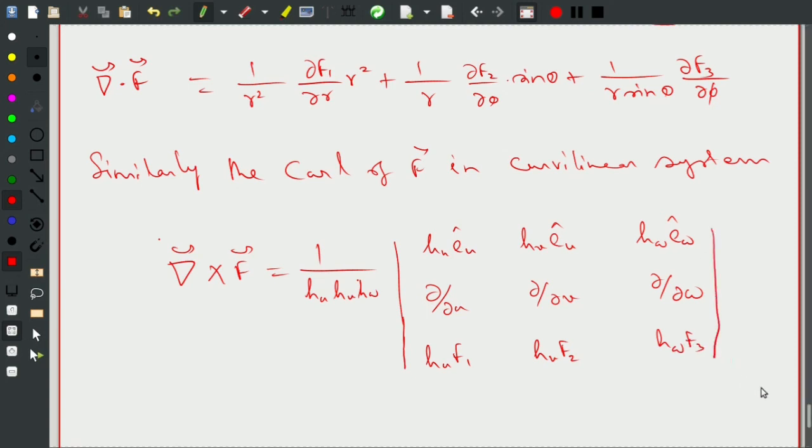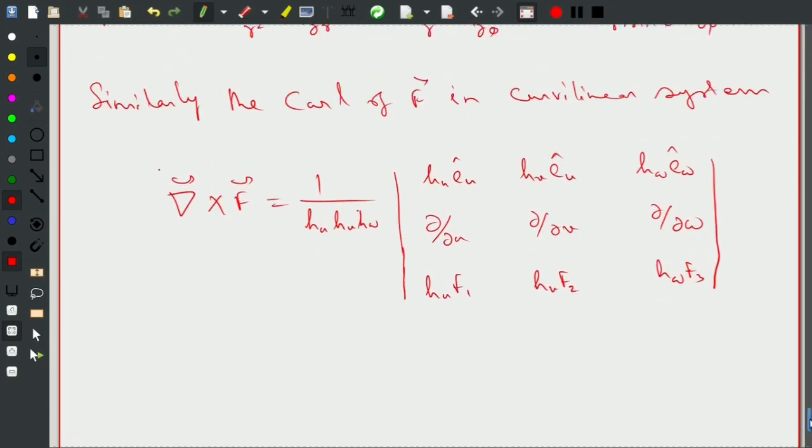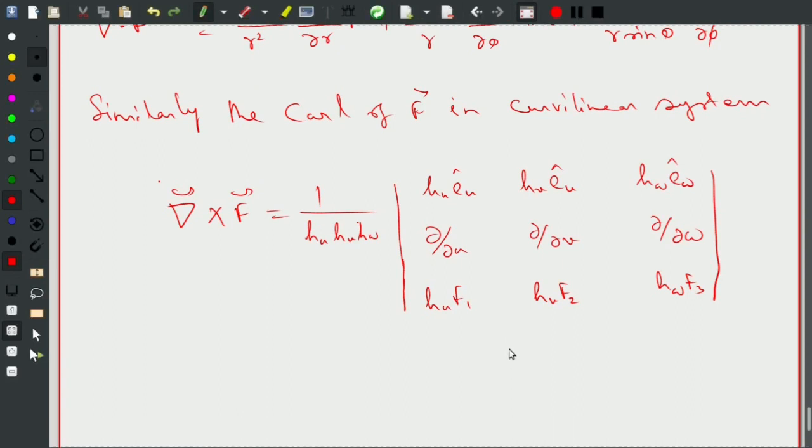So this is the expression for the curl of f vector in a curvilinear system.